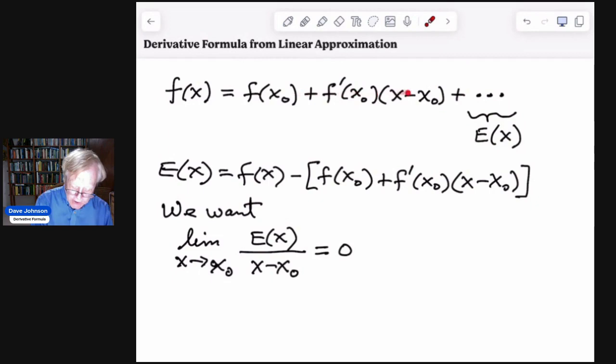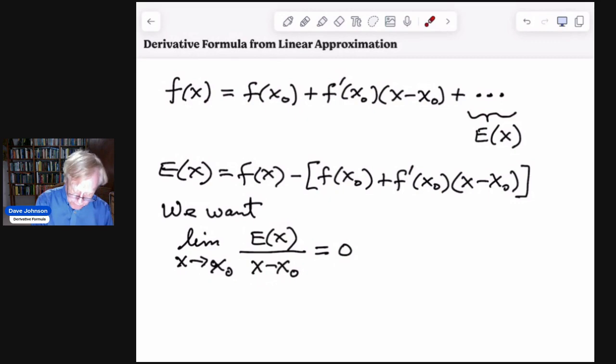If we've got a good linear approximation, then for small x minus x naught, we want these terms to go to 0 very quickly. Now, how do we realize that? Well, if you take the limit of this ratio, in order for a limit of a ratio to be 0, the numerator has to go to 0 a lot faster than the denominator. Otherwise, it just won't happen that this will go to 0 in general.